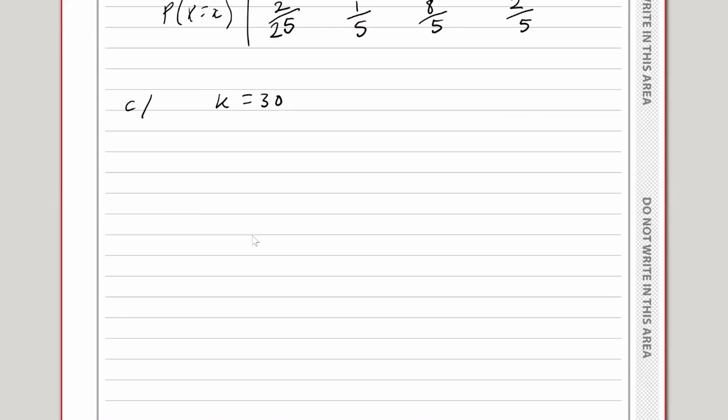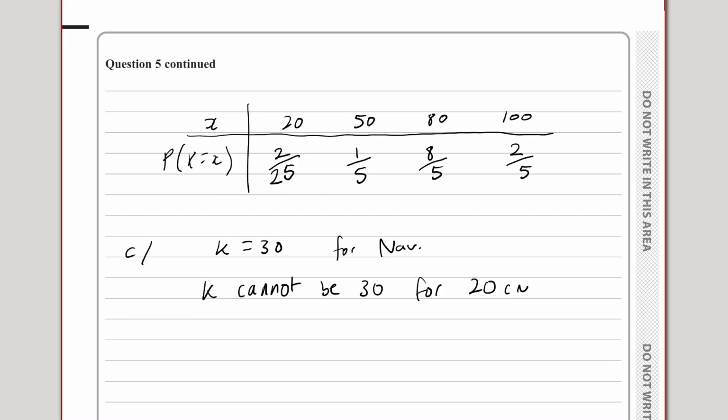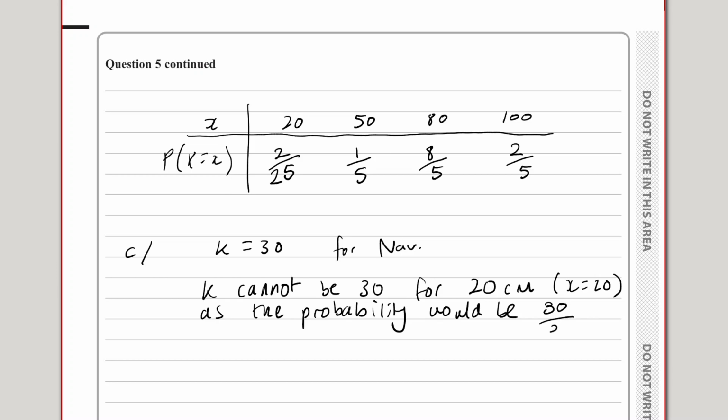So K cannot be 30 for Nav, for 20 centimeters, for x equals 20, as the probability would be 30 over 20, which is greater than 1. We can't have a probability greater than 1.